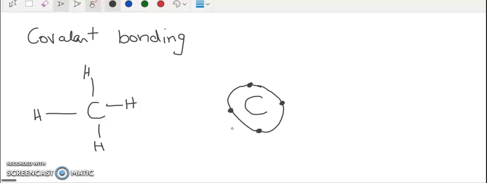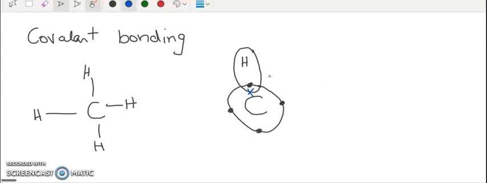showing its four electrons. And since hydrogen has one electron, it's going to share that one electron with carbon, and carbon is going to share its one electron with hydrogen. And the reason it shares only one is because hydrogen needs only one more electron to complete its outer shell.